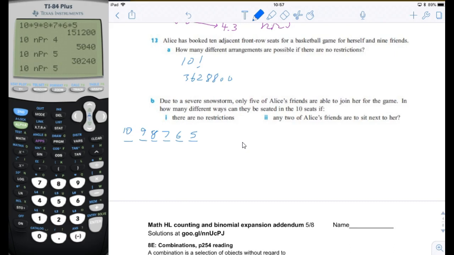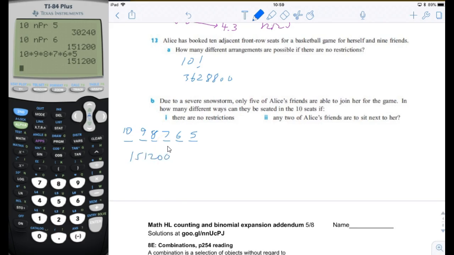That's the same thing as doing 10 times 9 times 8 times 7 times 6 times 5. Okay? So the answer is 151,200.